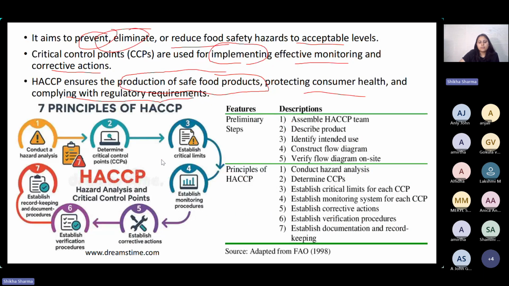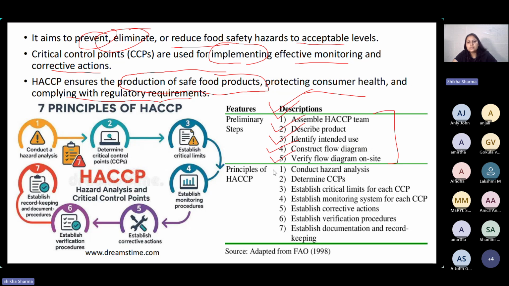HACCP has 7 principles, and there are 5 preliminary steps. These include assembling the HACCP team, describing the product, identifying the intended use, constructing a flow diagram, and verifying the flow diagram on site.